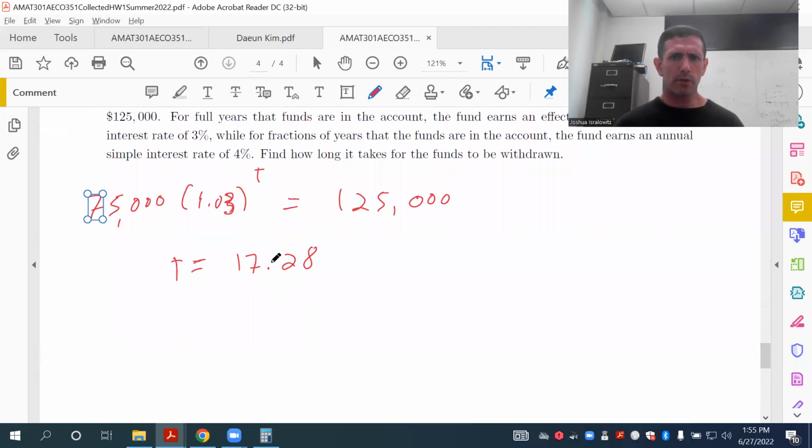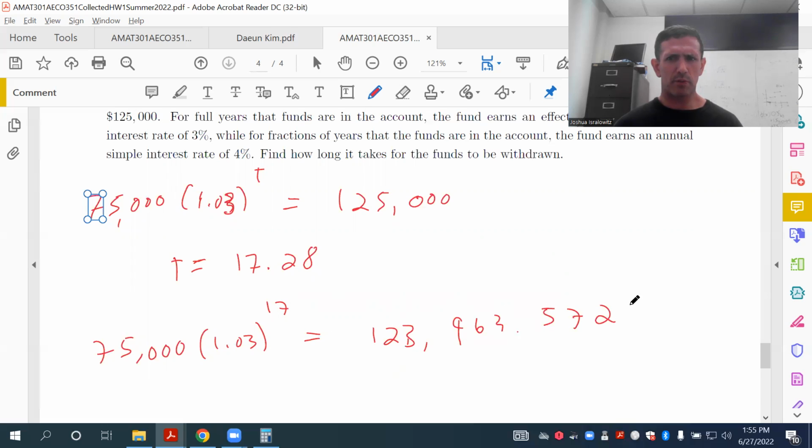Okay. So we're going to round down and see actually how much $75,000 grew to in 17 years. Dump this into a calculator. It's 123,963.572.